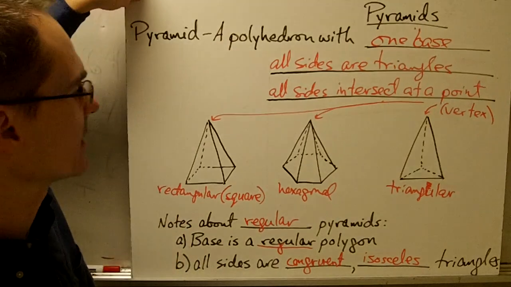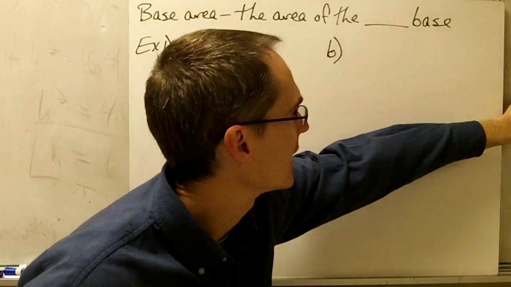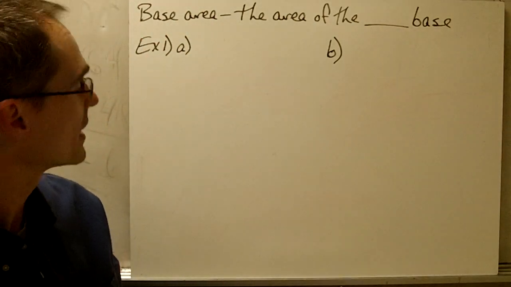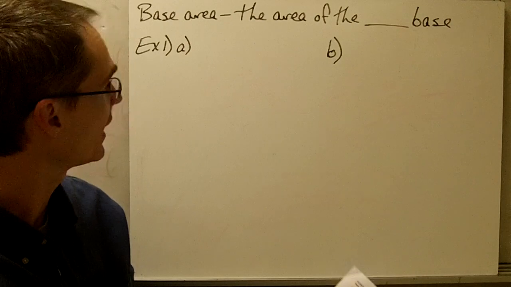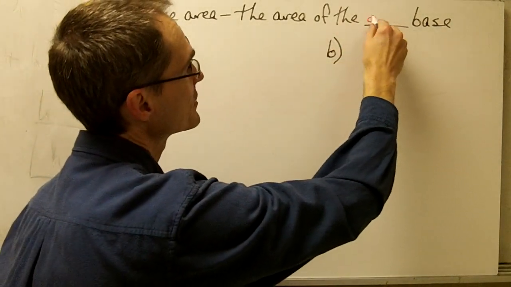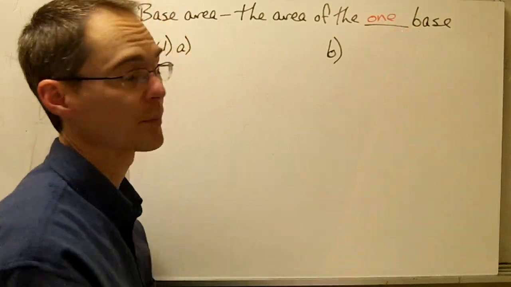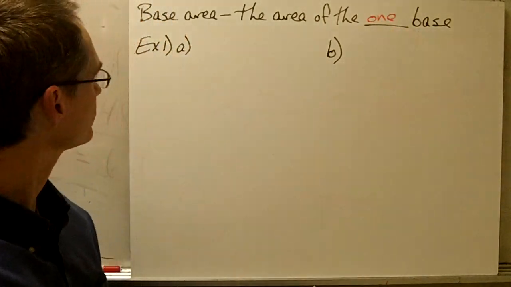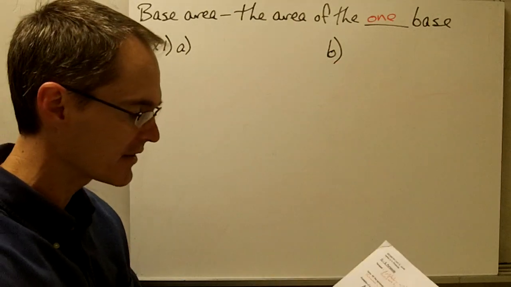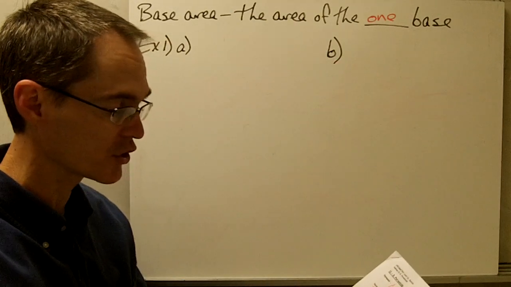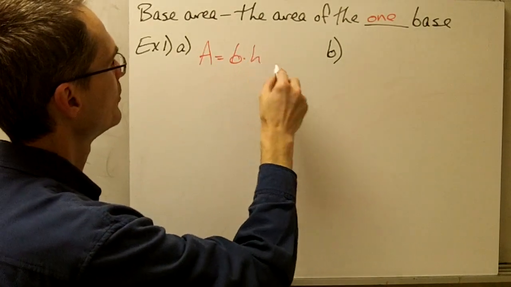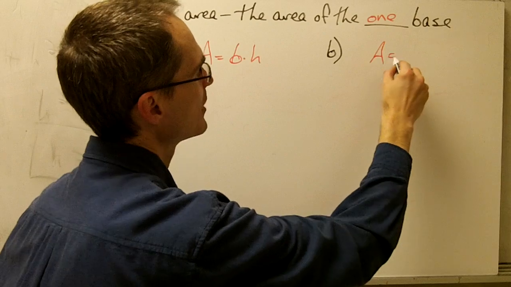So let's take a look at how we're going to do that with these three pyramids that we have in our notes. So example number one says find the base area of the following pyramids. The base area just means the area of the base. Specifically, notice that for a pyramid we just have one base. So in examples 1A and 1B, I can see that the base of both of those pyramids is just a square, which means it's just going to be little b base times height.